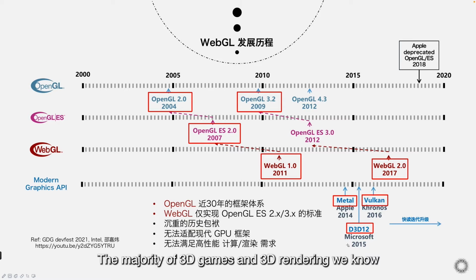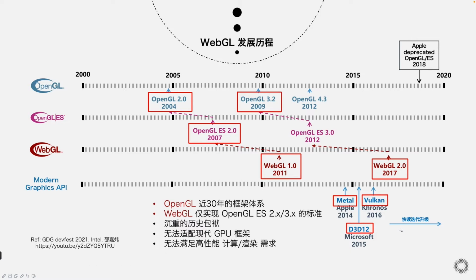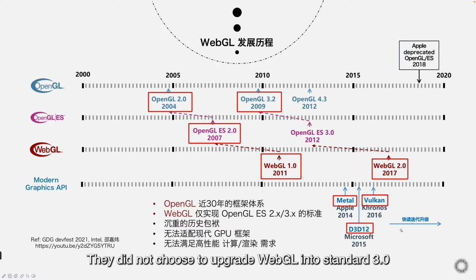The majority of 3D games and 3D rendering we know are developed based on these three APIs. So when the W3C organization proposed the new web graphics standard, it also applied these three new graphics APIs and abandoned the entire framework of OpenGL. They did not choose to upgrade WebGL to standard 3.0, but redesigned a new framework standard, WebGPU.